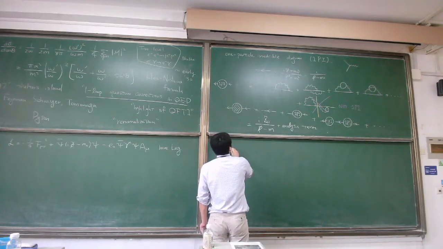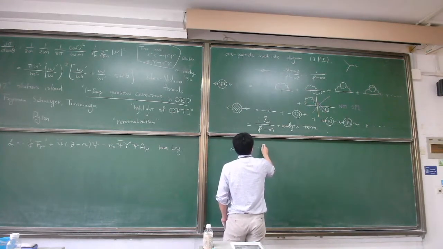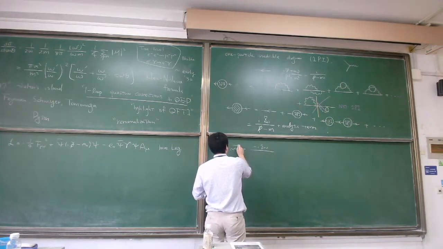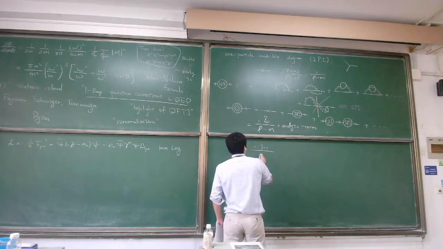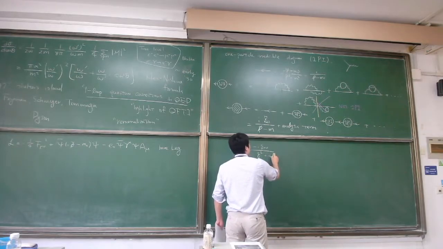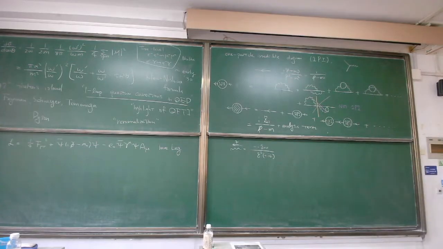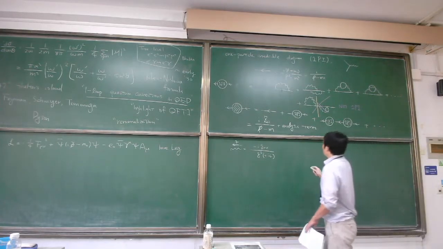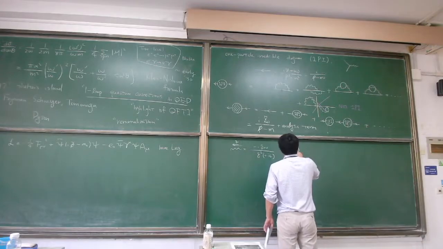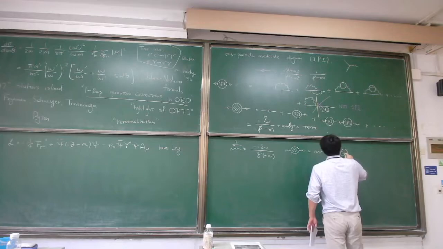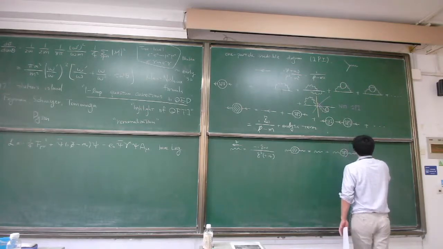The photon propagator, we have again minus i g mu nu over q squared. Anyway, I'm not going to write down plus epsilon. Plus epsilon is always assumed, but I'm going to omit it in most cases. And this one will again receive quantum corrections, which is the 1PI, and so on.